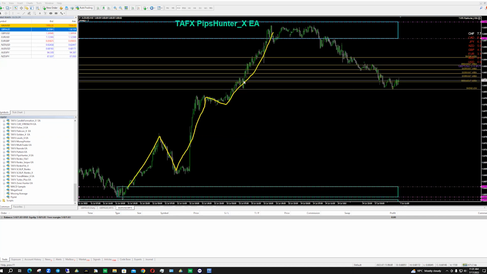So what are the best settings if I want this EA, after taking the first position from this key level, to take any reversal here that confirms a higher low, that you want the EA to cover or to get into the market.